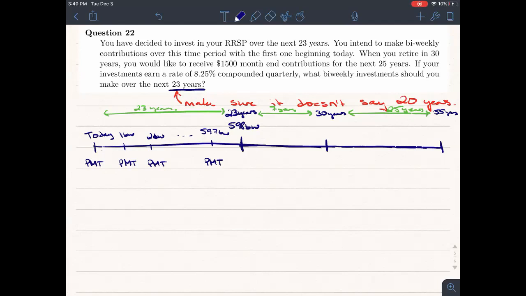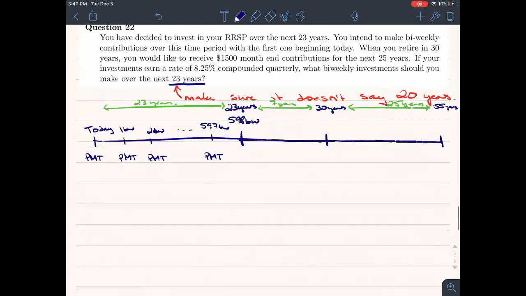And so when you retire in 30 years, you would like to receive 1,500 month-end contributions for 25 years. So here I'm going to have 1 month, which I'll just use 1M because we're a little bit tight. 2M, and for 25 years, there's 300 months. Careful that you don't use the 55 years, because this time frame is only 25 years.